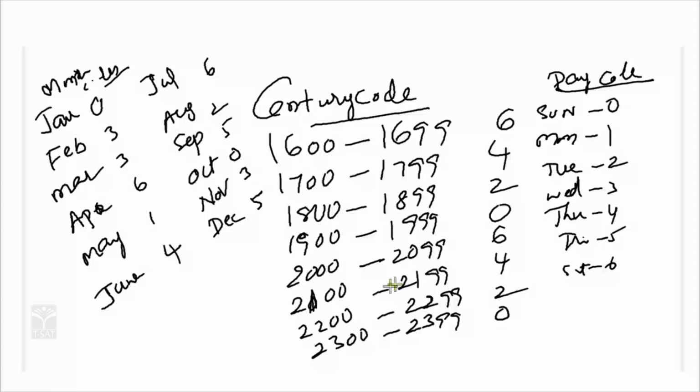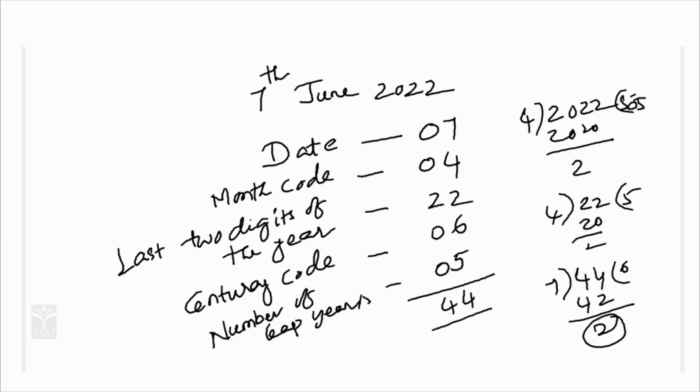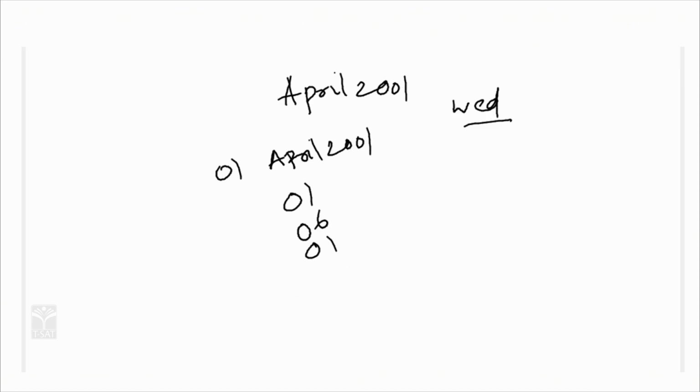The century code for 2001 is simply 6. How many leap years are here? Here with 01, we can say there is no leap year, so you can consider it as 0, correct?